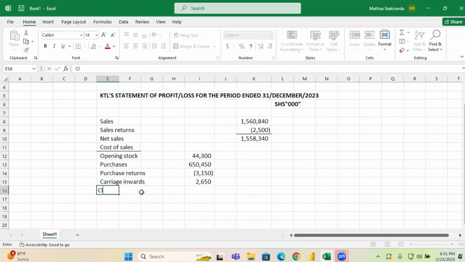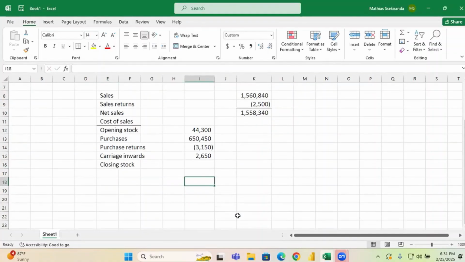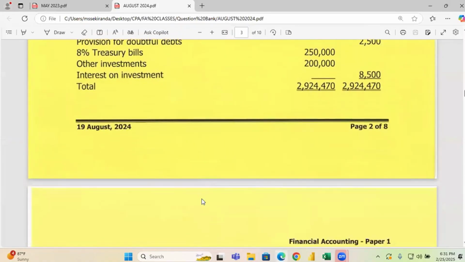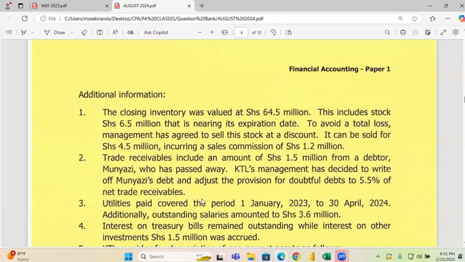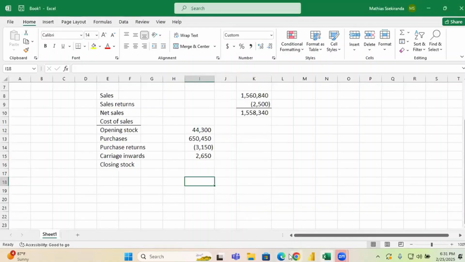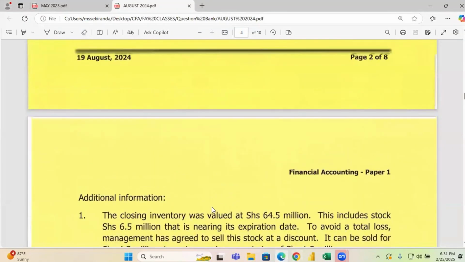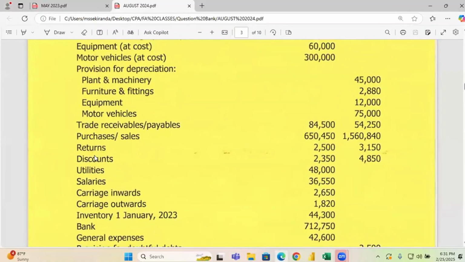So we go to closing stock, or what you call closing inventory. This was given in note number 1. When you read note number 1, additional information, if you are in an exam, make sure that whichever figure you have used, you put a tick to avoid confusion.